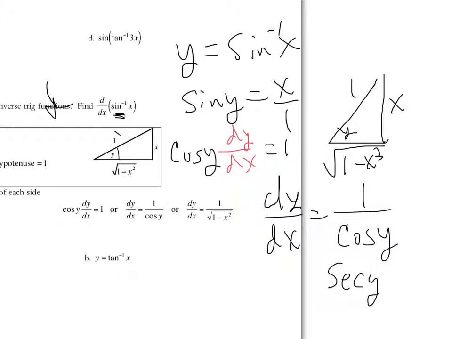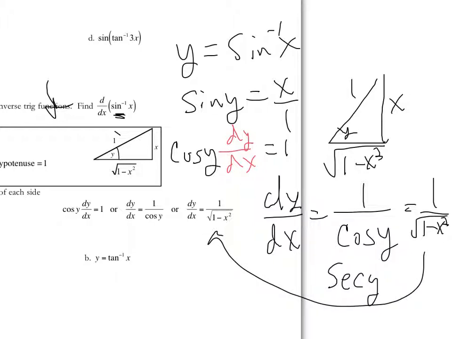Well, here's our triangle. The secant of y is going to be 1 over the adjacent, so the derivative is going to be 1 over the square root of 1 minus x squared. And notice that's what Stu Swartz has right there.